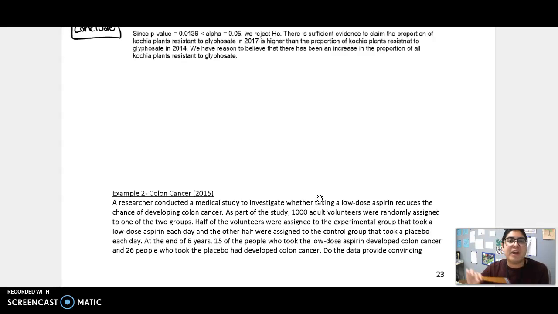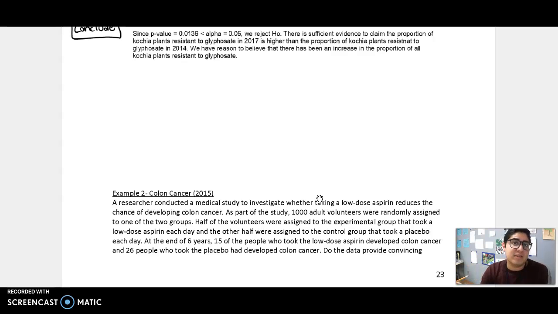And now this is a randomized experiment. And when we have a randomized experiment, we don't check the 10% or the independence condition because, remember, I'm just using volunteers. I can only generalize to people who are similar to my volunteers, so I'm not going to worry about the 10% condition because I'm only looking at this group of people. I can only generalize those results to people similar to those used in the study.